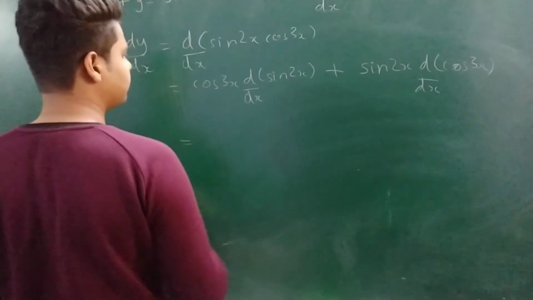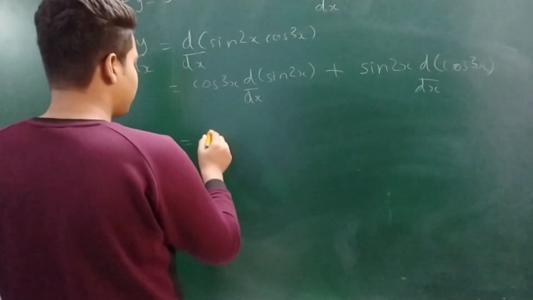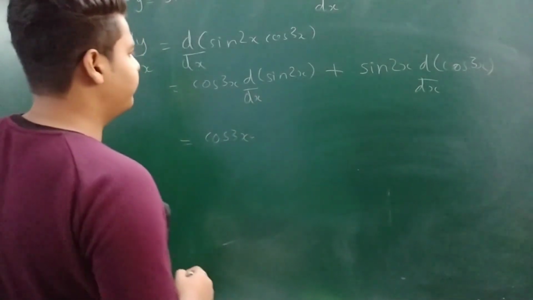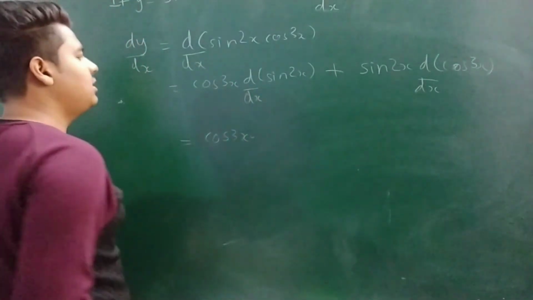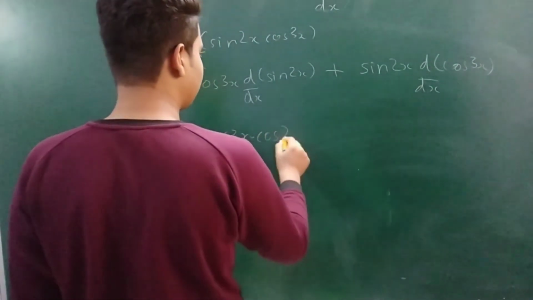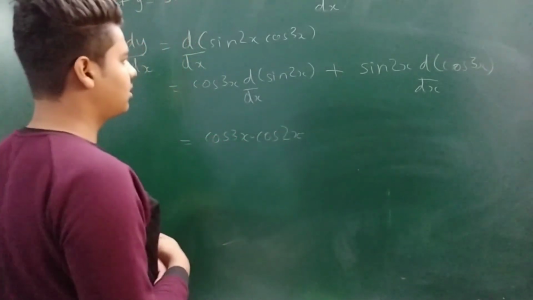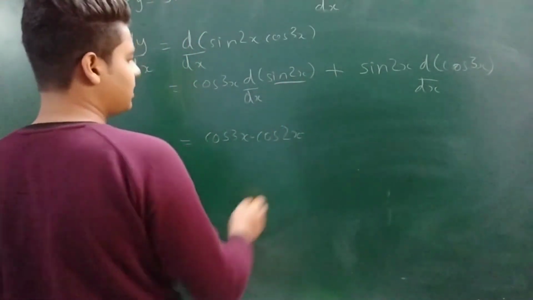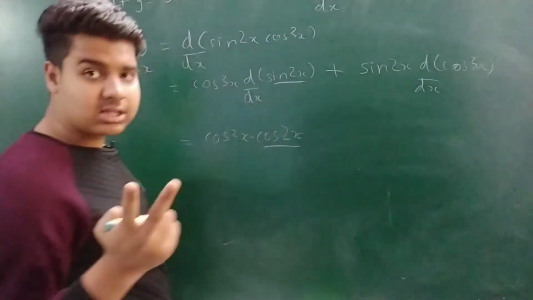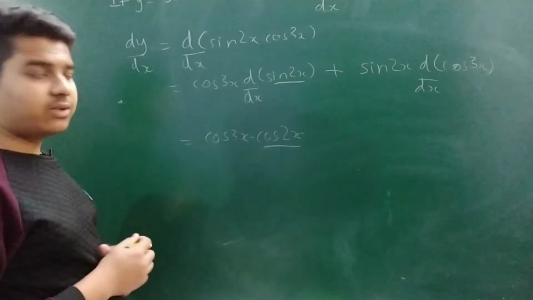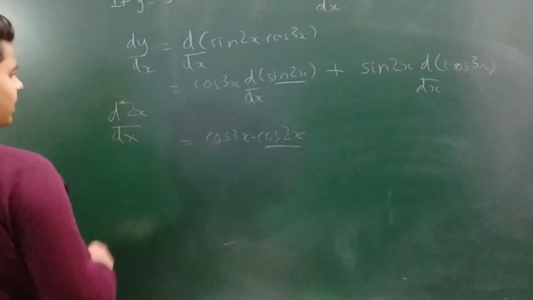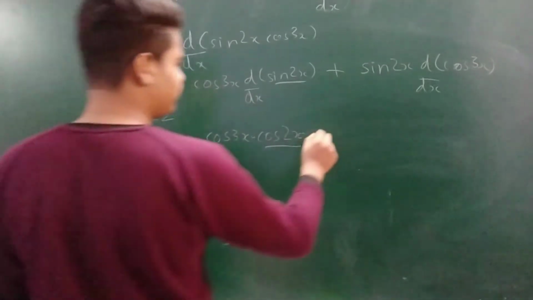So solving this, it will be cos 3x multiplied by, sine 2x has to be differentiated, so it will be cos 2x, first sine 2x is differentiated as cos 2x, and then again 2x has to be differentiated, so d 2x by dx, and for this the answer will be 2.